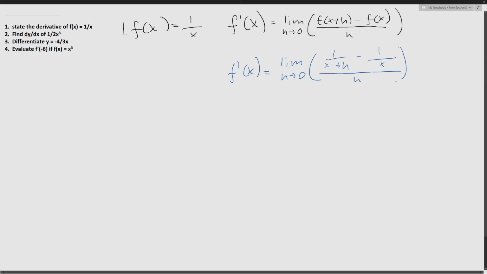Now we know we can't substitute h in right now because we'd divide by 0, and that doesn't make any sense. We'd also have 1 over x minus 1 over x, which would be 0, which would actually give us 0 over 0, which we know is a good sign.